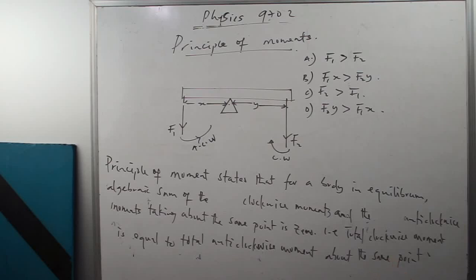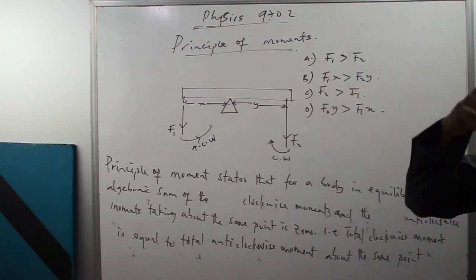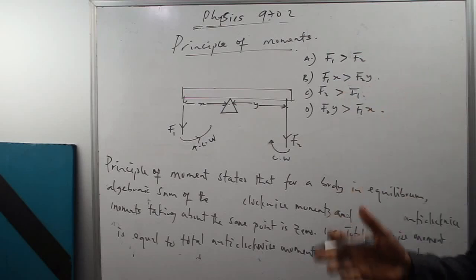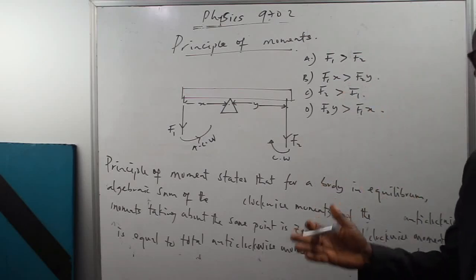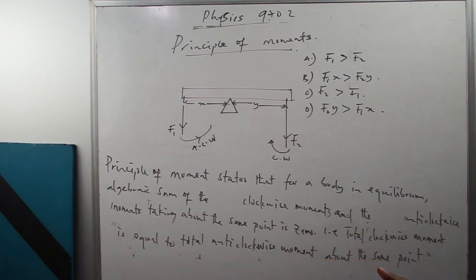The anti-clockwise moment is taken to be the positive moment in the positive direction, while the clockwise moment is the negative moment. So when I add the negative to the positive, it has to be equal to 0 for the body to be in equilibrium.